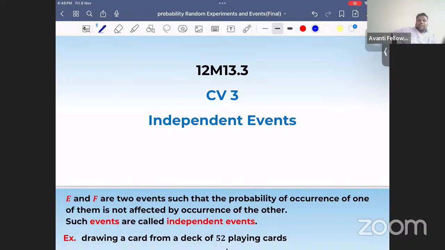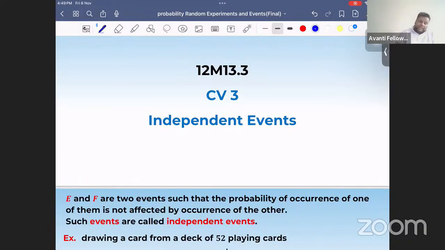Am I clear? So that means if the occurrence of one event does not affect the occurrence of the other event, or vice versa, if two events are such that their occurrence is not getting affected by each other, then those events are what we call independent events.